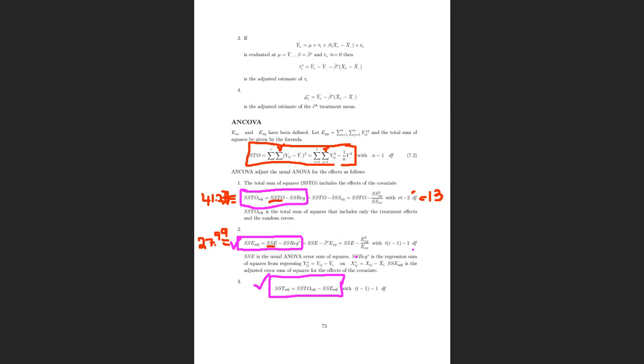SSE adjusted, not SSE. Yes, I'm getting a negative value. No, it's fine. Let's focus on this one. What is your SSE, this one? Can you see the cursor, leadership, Chris? 41.27? It can't be 41, my brother. SSE agreed is 206. 206, Chris.